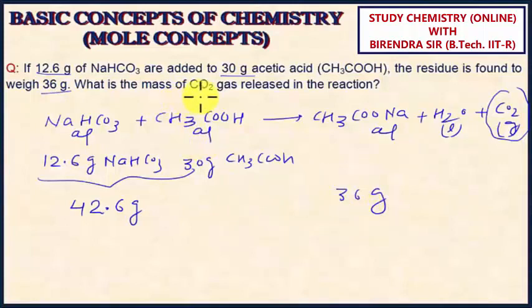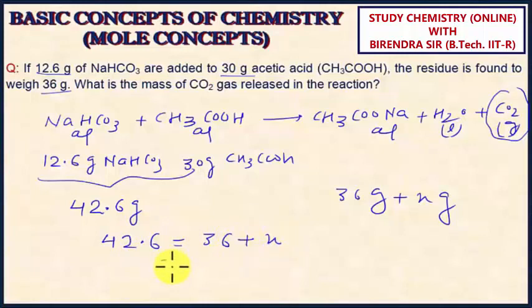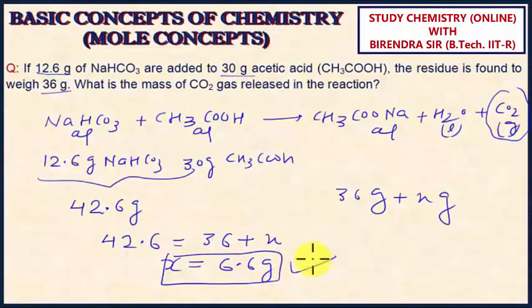And weight of CO2 liberated we have to find. Let the weight be x gram. So, I have to write according to law of conservation of mass, 42.6 is equal to 36 plus x. This way the value of x comes as 6.6 grams. So, the mass of CO2 gas released in the reaction is 6.6 grams.